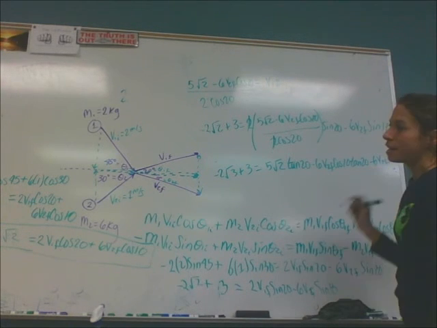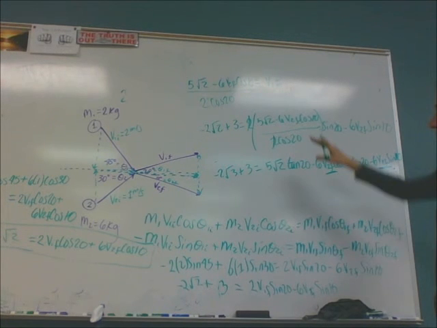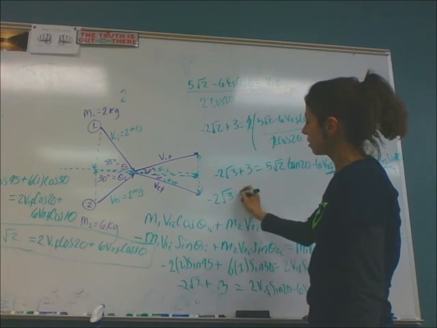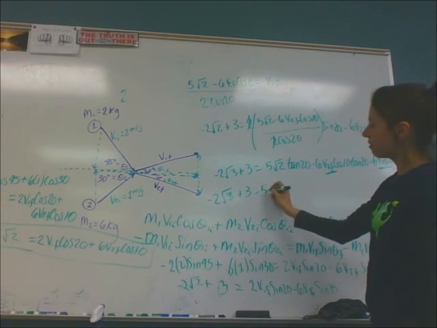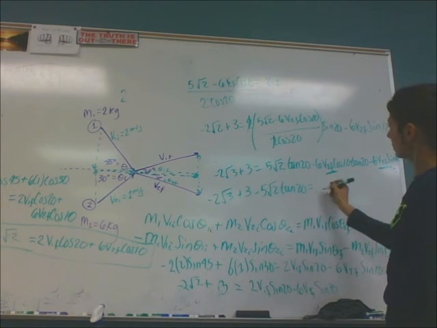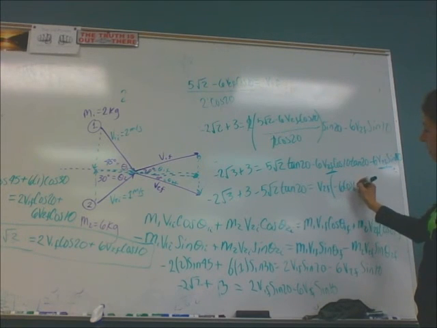Now we have v2f and v2f. So we want to get the tangent of 20 thing on the other side. So negative 2 square root of 2 plus 3 minus 5 square root of 2 tangent 20 equals v2f times the quantity negative 6 cosine 10 tangent 20 minus 6 sine 10.